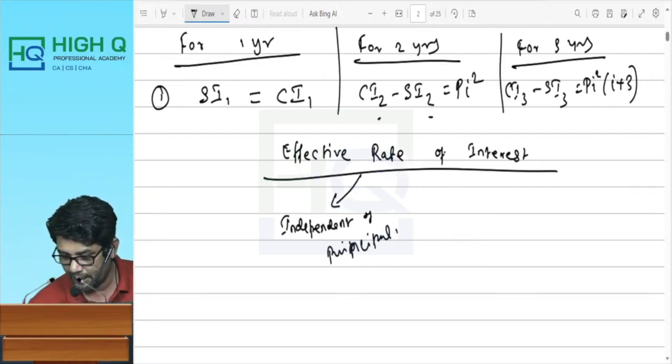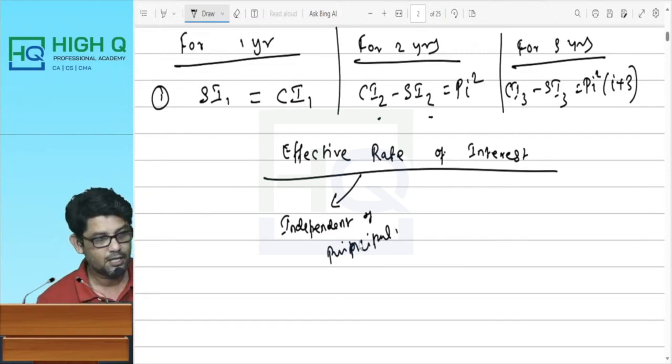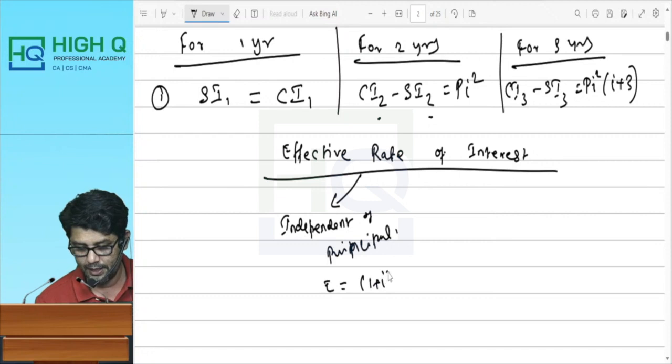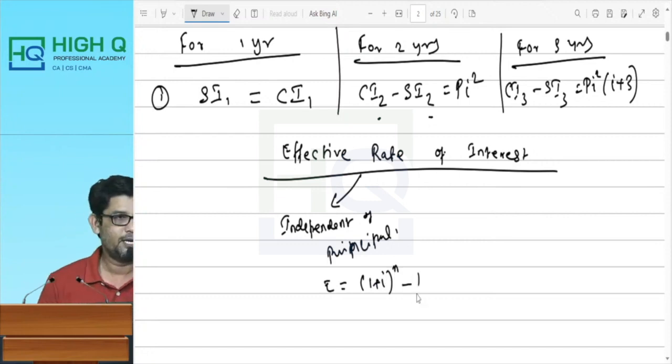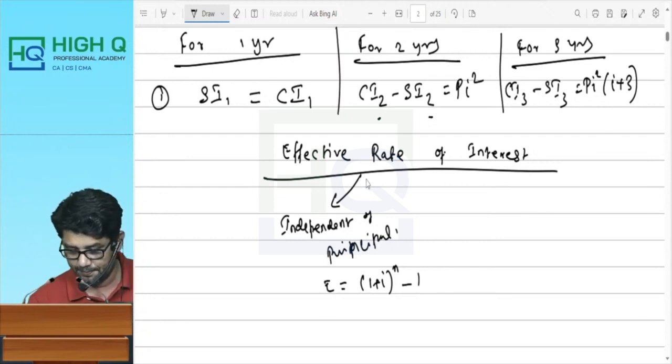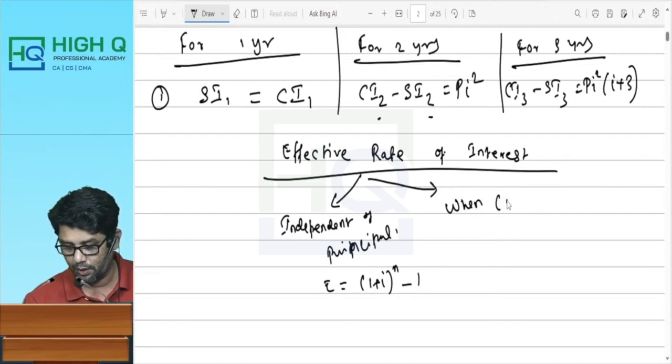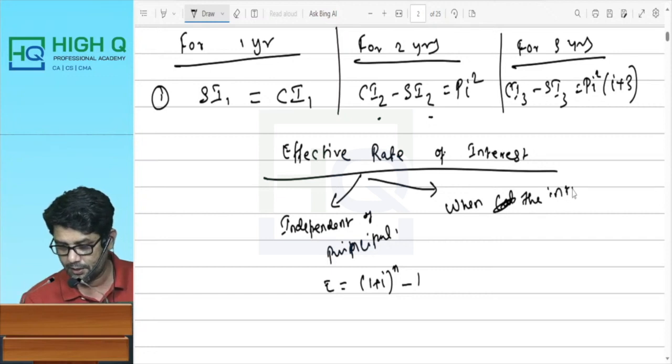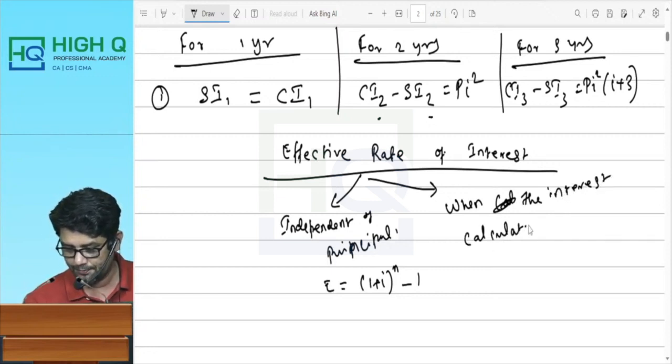Sir, what is meant by independent of principal, sir? Because you might have learned the formula E is equal to 1 plus I whole power n minus 1. Am I right, my dear? Next, second part is, it is always used when the interest is calculated more than once in a year.